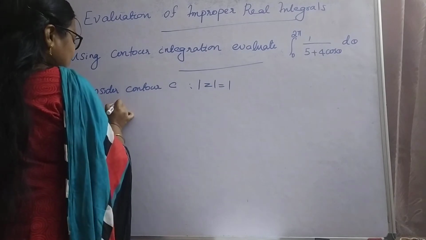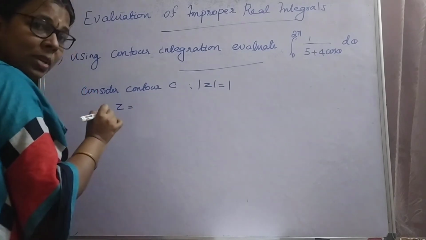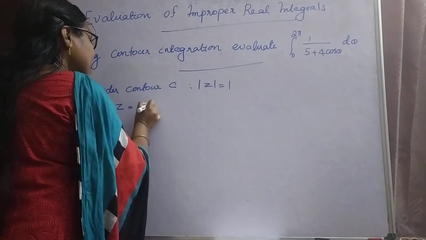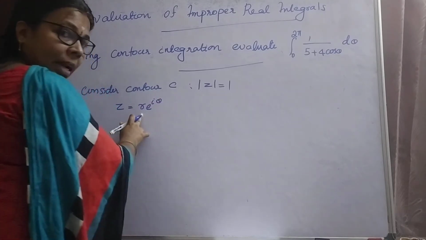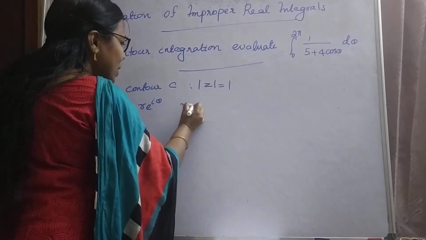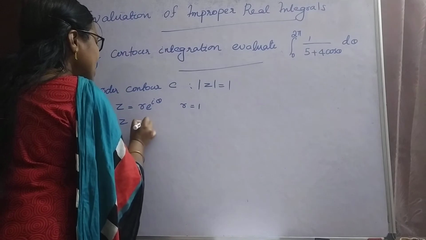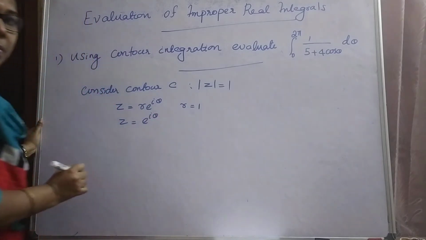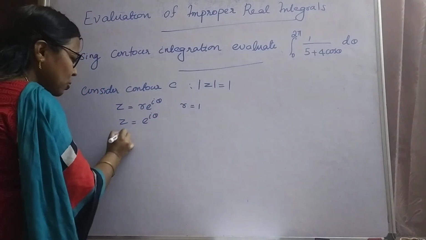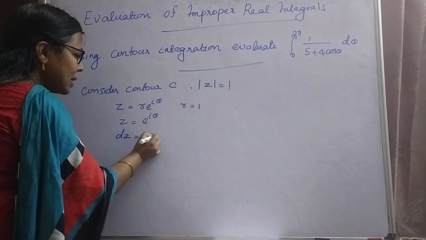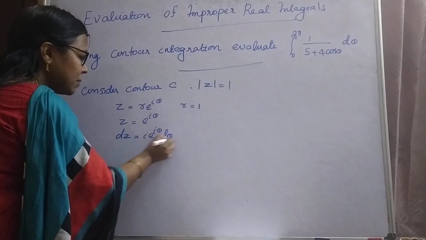Here z equal to the polar form r e raised to i theta. R is radius. Here radius equal to 1. Therefore z equal to e raised to i theta. Also dz equal to i e raised to i theta d theta.